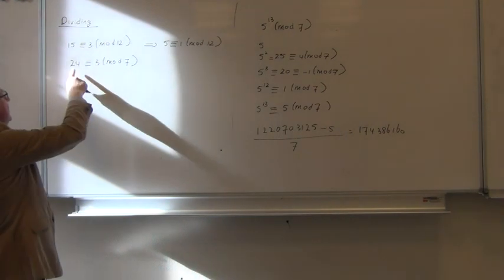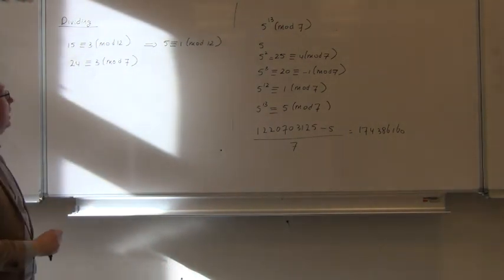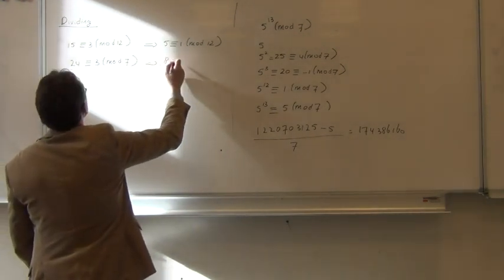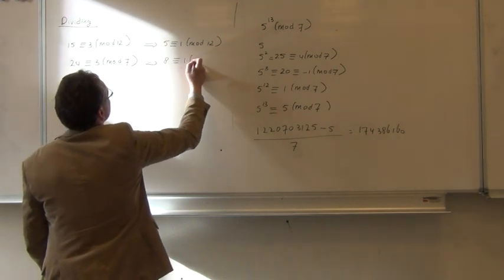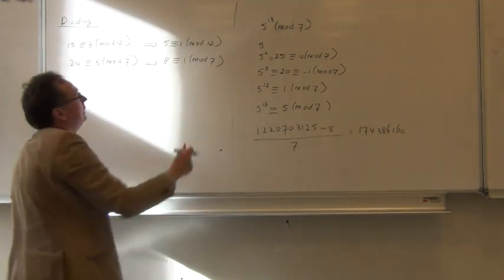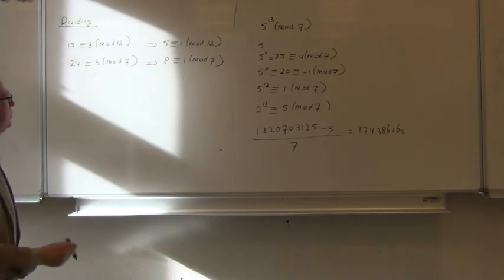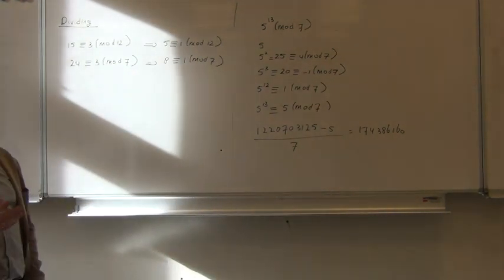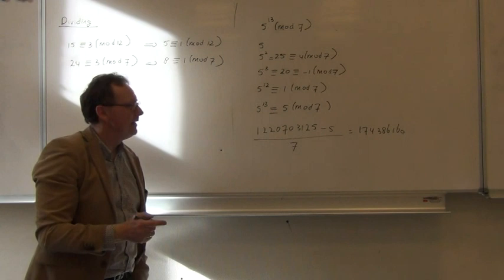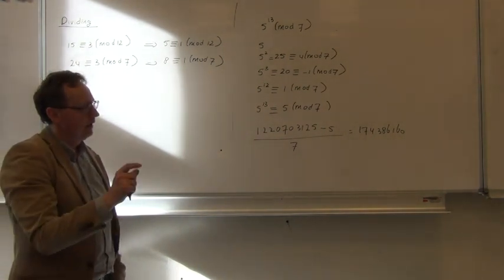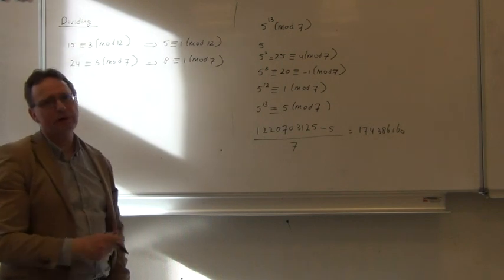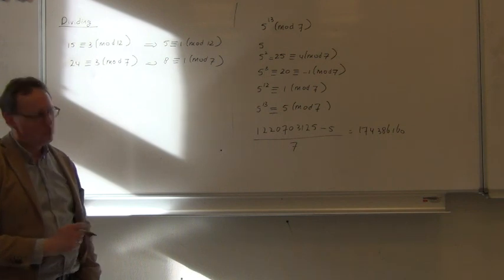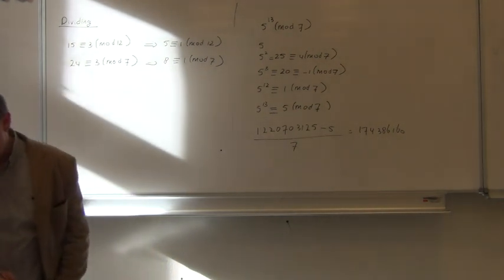Okay, now let's divide by 3 both sides. So then we have 8 congruent 1 modulo 7. And that's true. So in this case we are dividing by 3, and we know that 3 and 7 have no common factors. They are relative prime. So the GCD is 1, the greatest common divisor.